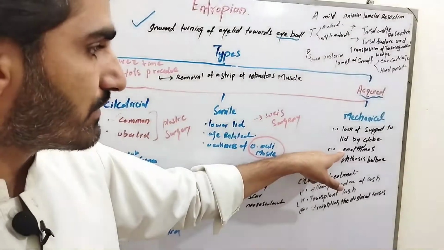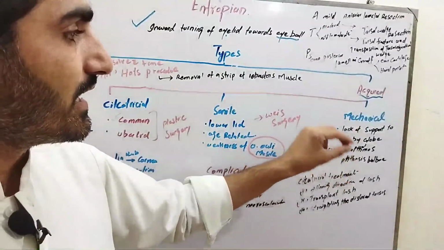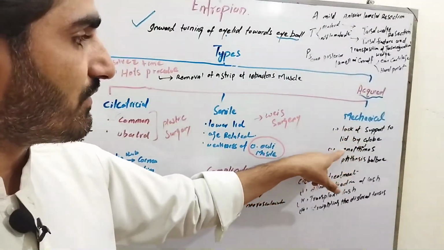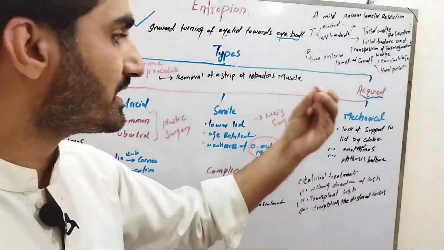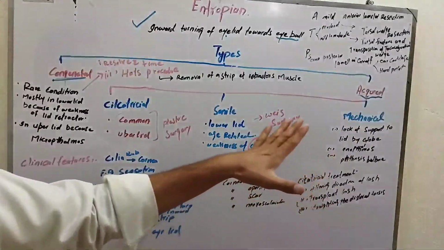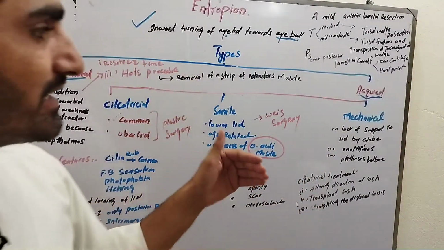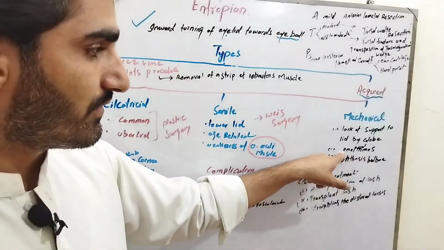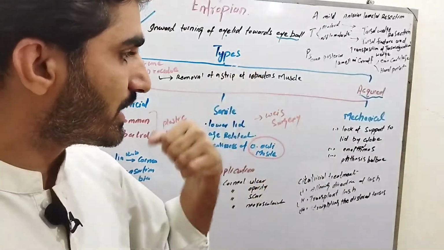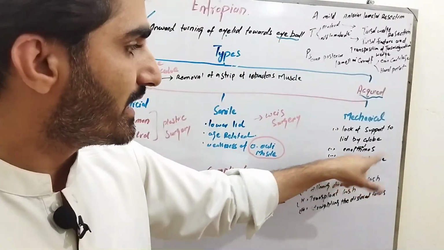Here, this is anophthalmos, which means lack or absence of the eyeball. You can say in case of enucleation or evisceration, there will be no eyeball in the eye, so there will be no support of the globe to the eyelid, therefore the eyelid starts turning inward, otherwise phthisis bulbi.